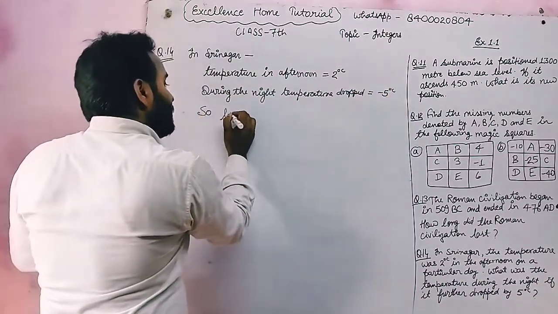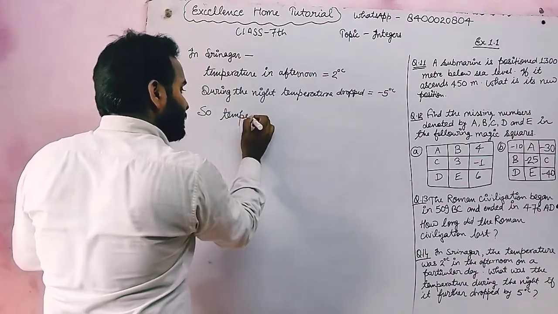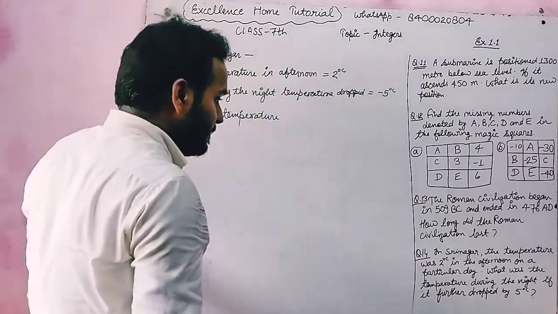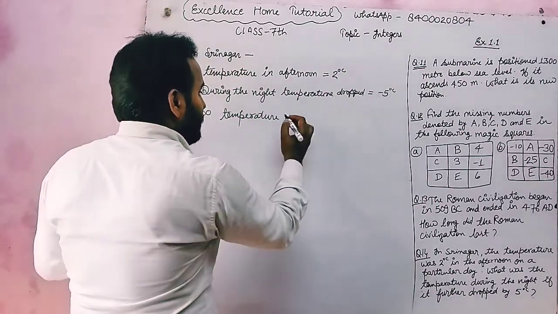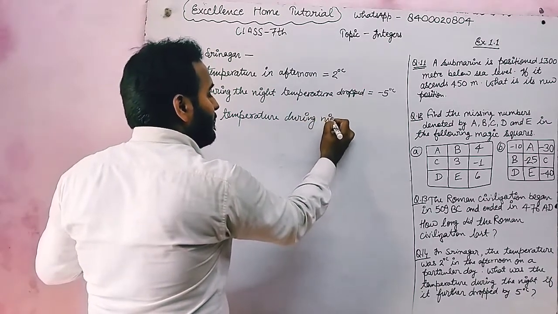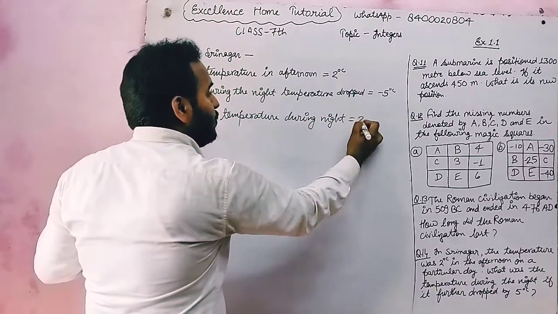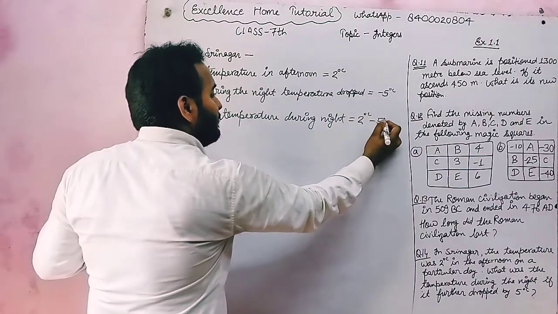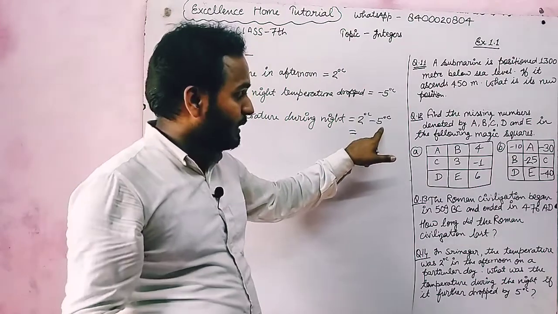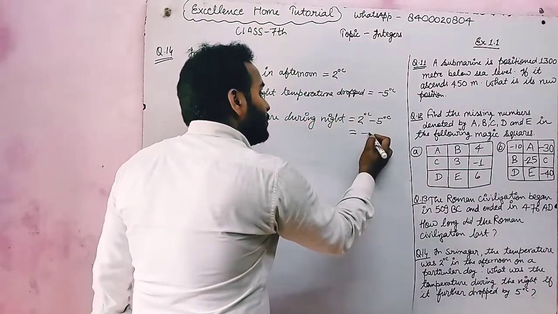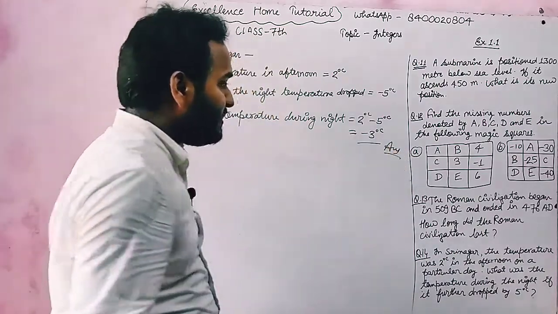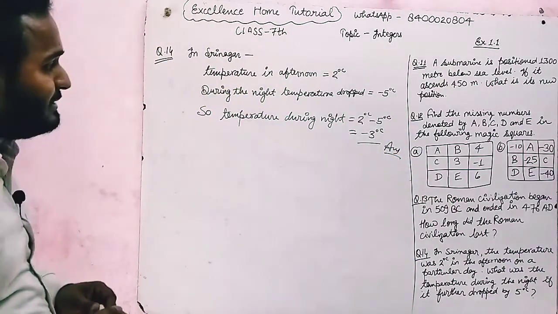So the temperature during night is equal to 2 degrees Celsius minus 5 degrees Celsius, because it dropped by 5 degrees Celsius, which is subtracted from 2 degrees Celsius. So during night the temperature will be minus 3 degrees Celsius.